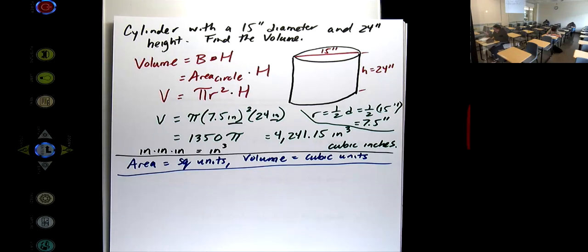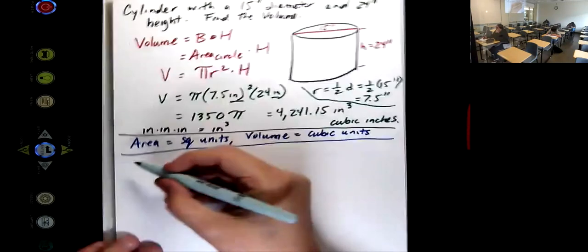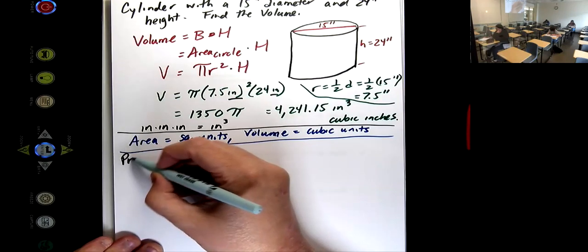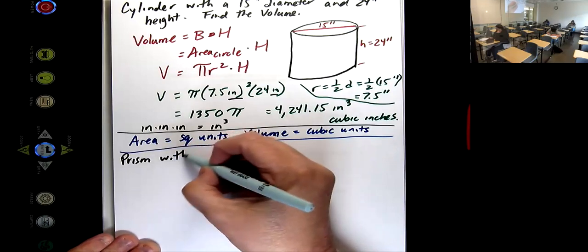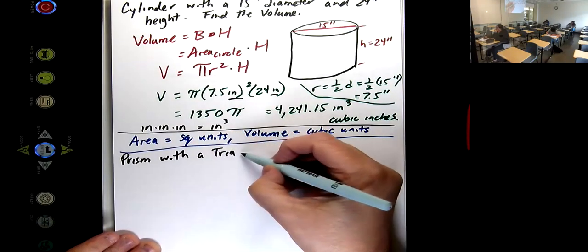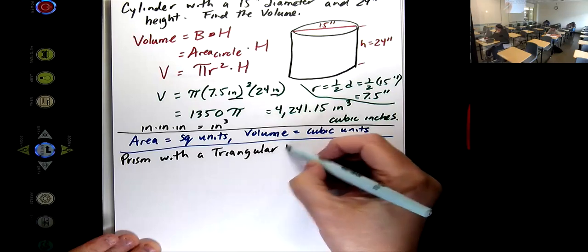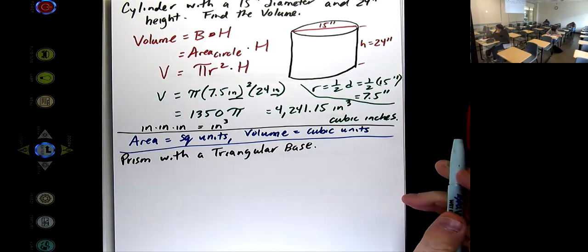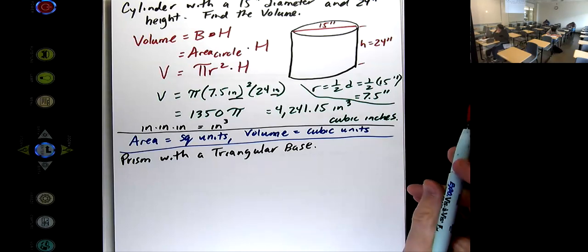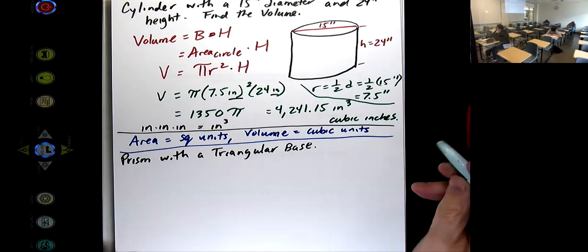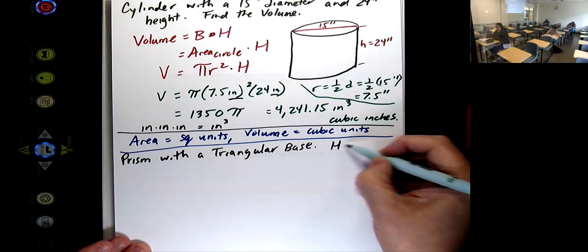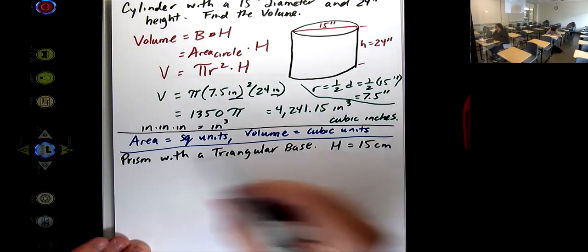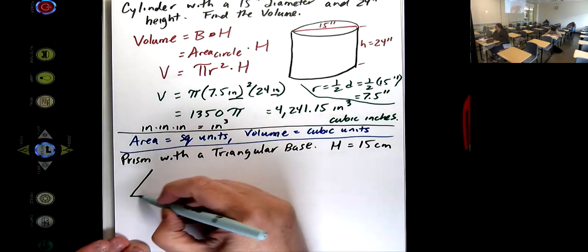Let's do a triangular prism. Let me rephrase that, a prism with a triangular base. The height of the prism is 15. And the triangle looks like this.